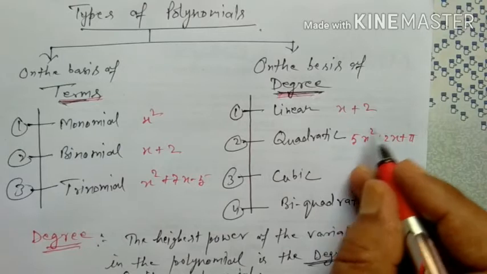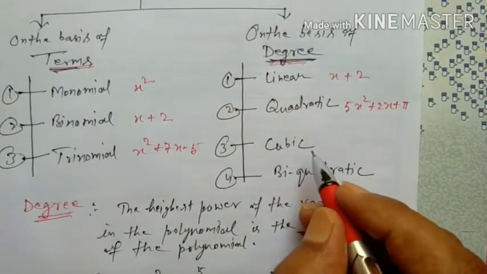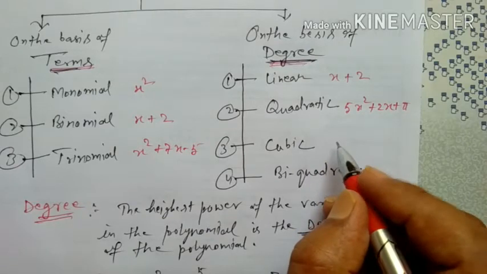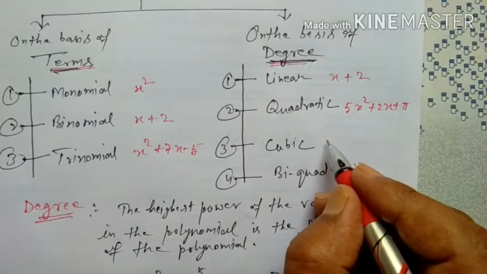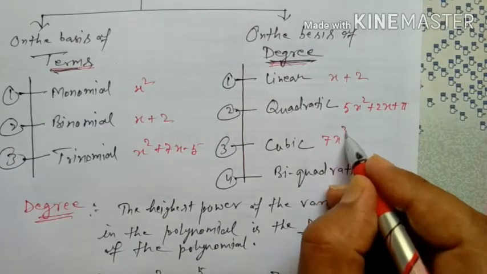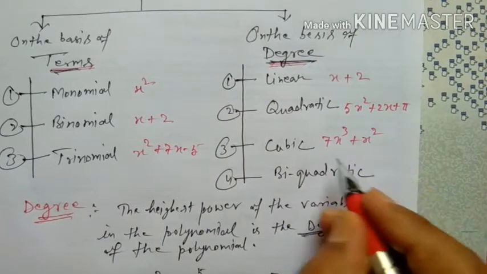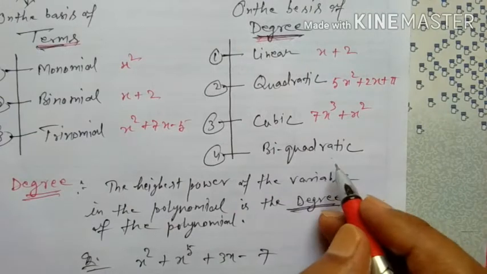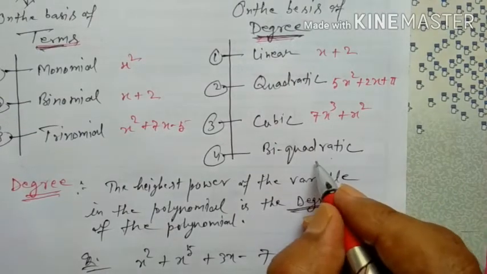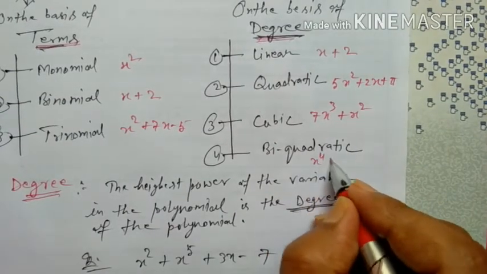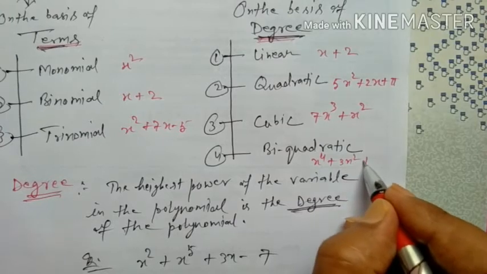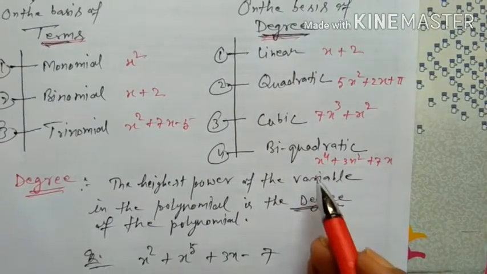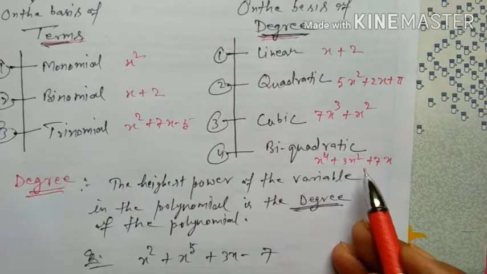Cubic, highest power is 3, suppose 7x cube plus x square. This is cubic polynomial. Biquadratic, highest power is 4. X power 4 plus 3x square plus 7x. So this is known as biquadratic.